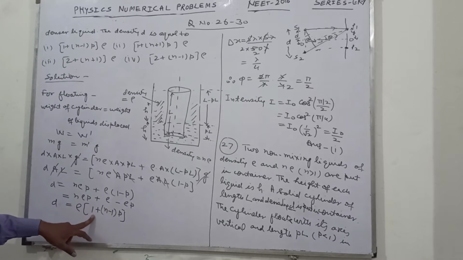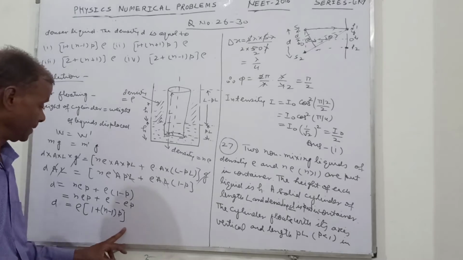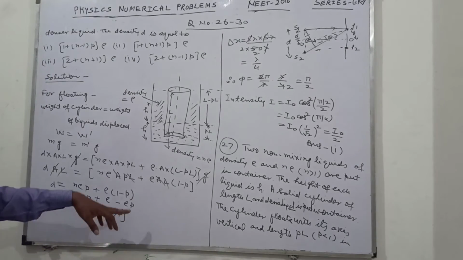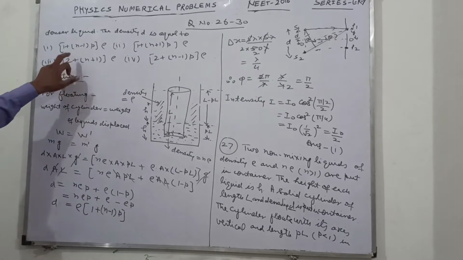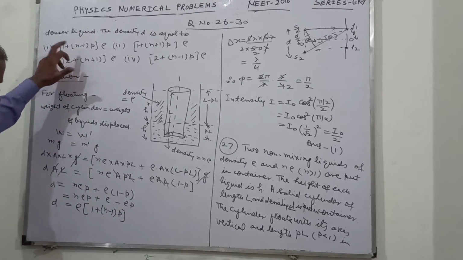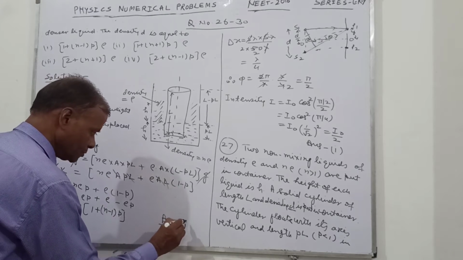This rho we have taken common, so this is now 1. So now density is equal to rho into 1 plus n minus 1 into P. So this is the given answer, the first one. So our answer is first.